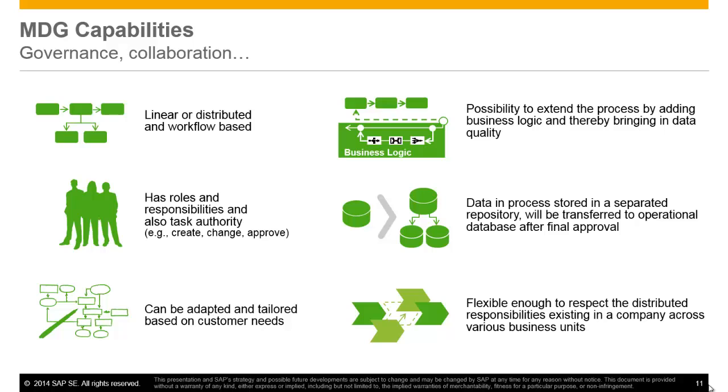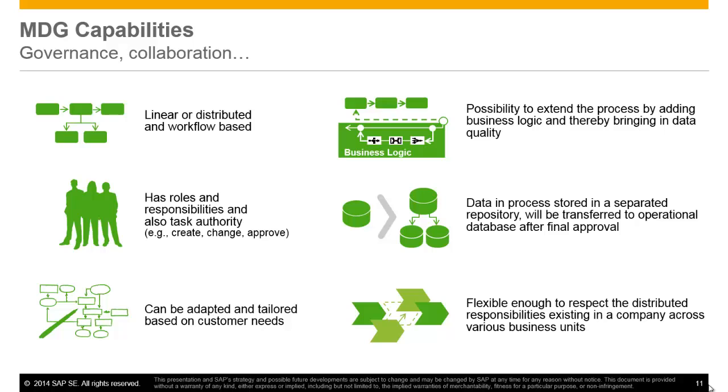All of this can be defined and extended within the MDG application itself, and the content that's delivered will give you a good starting point for that, content that you can use out of the box, and if needed can be adapted to meet the specific governance needs of your organization. Roles and responsibilities are very important, so you want to make sure that throughout this governance process, the right people are touching your records at the right time, that they only have access to update the fields that their role would dictate they have access to, that the right approvers are approving the master data, and so on.